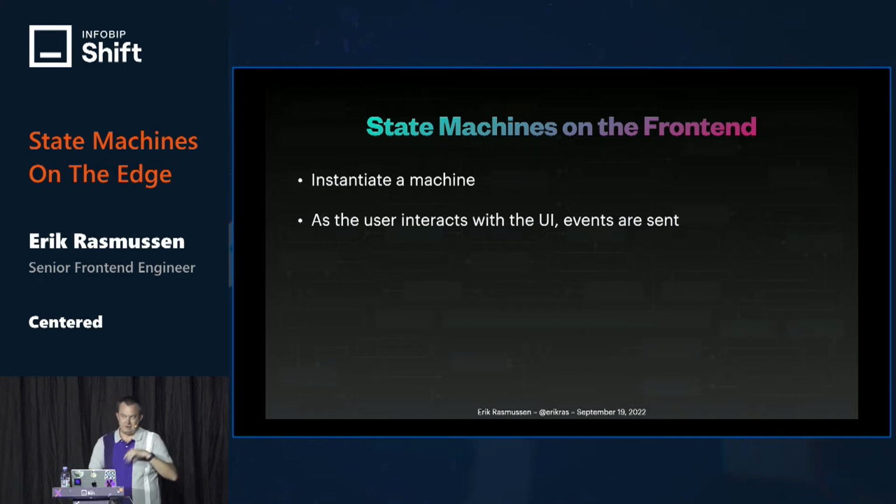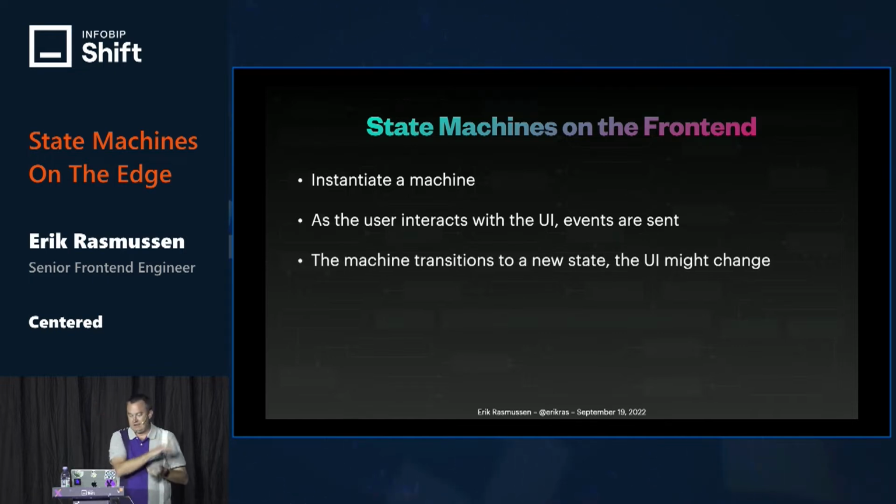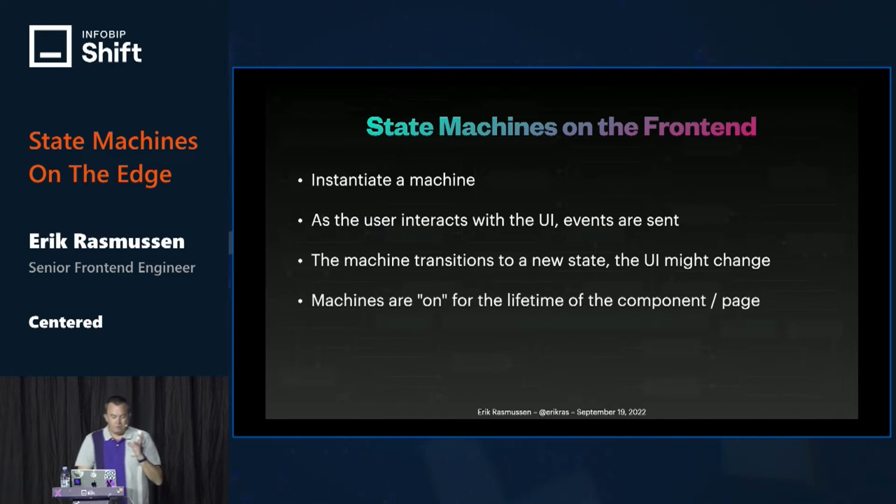Like maybe you click on the thing to open a dropdown or something, and the machine transitions to a new state, potentially, dropdown open, and then we re-render the UI based on that. This works really well in React, where it's a reactive, declarative UI. And in general, machines are on for the whole lifetime of the component or the page.